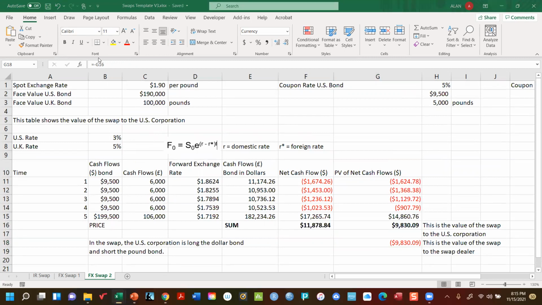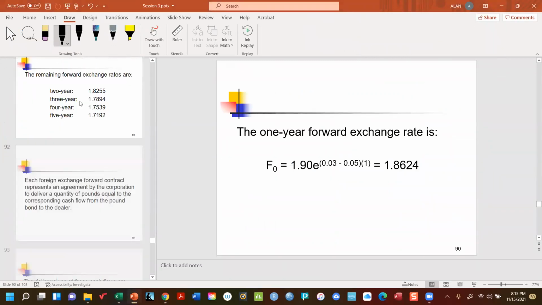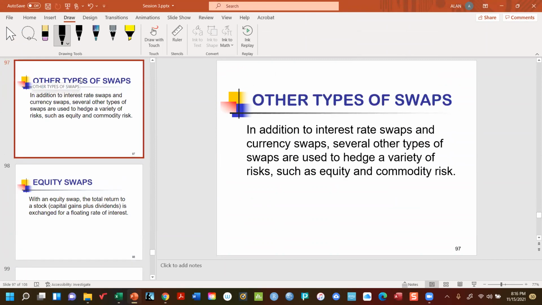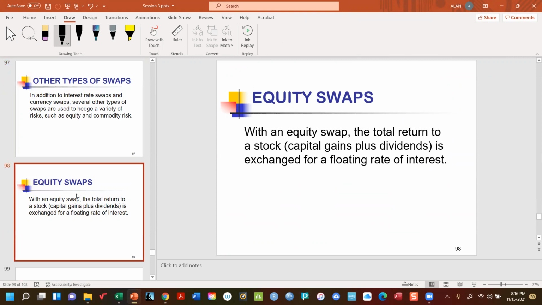Now, I think that there's also a discussion in this chapter of some other types of swaps. Here they are, but this is just a very brief overview. For example, we have equity swaps, where we're trading the total return to a stock, including capital gains plus dividends, for some floating rate of interest.